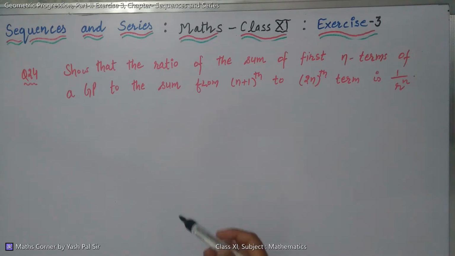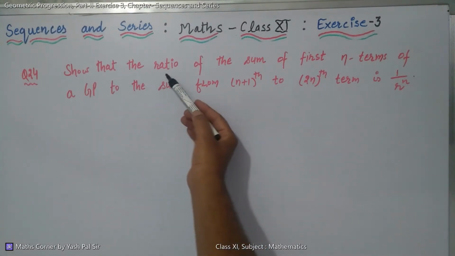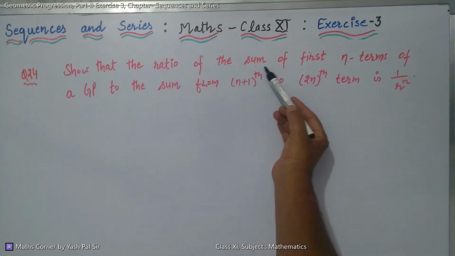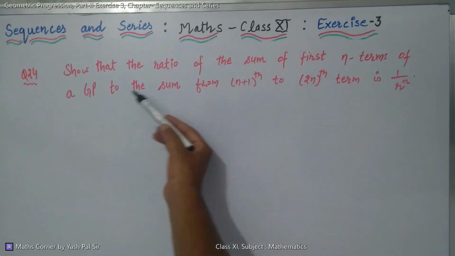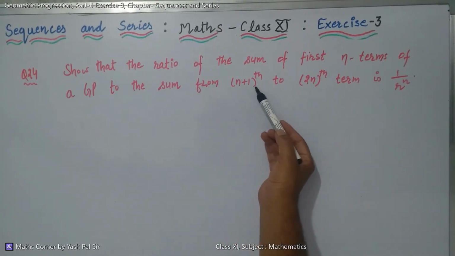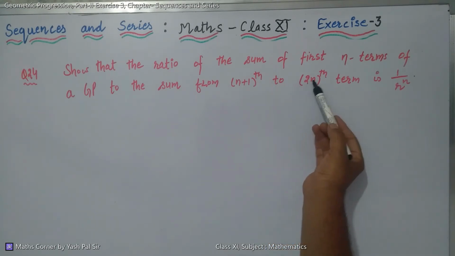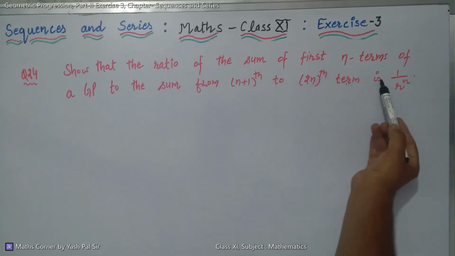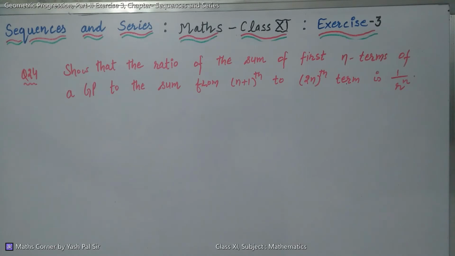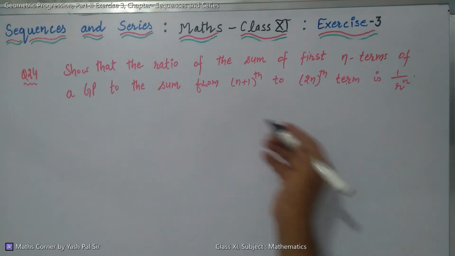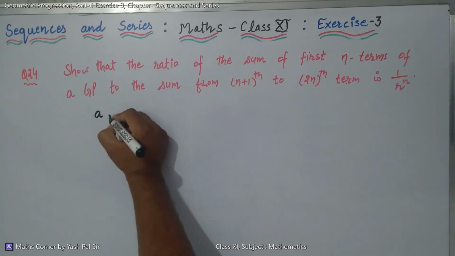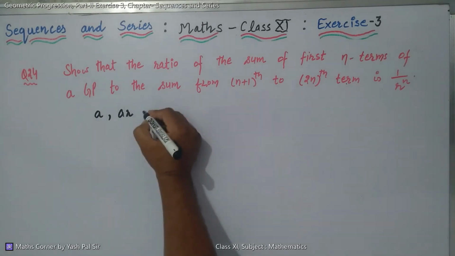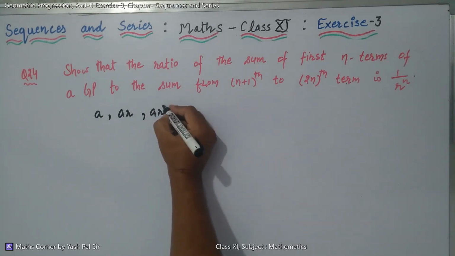Question number 24. Show that the ratio of the sum of first n terms of a GP to the sum from n plus 1th term to 2nth term is 1 upon R raised to power n. So first of all, we suppose what is the GP. This is A, AR, AR square.